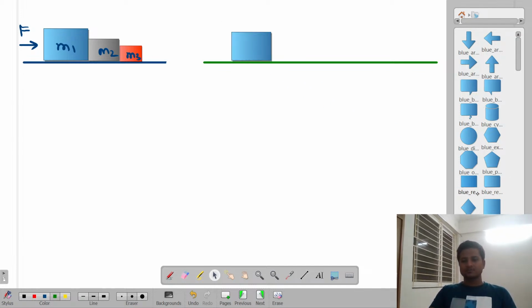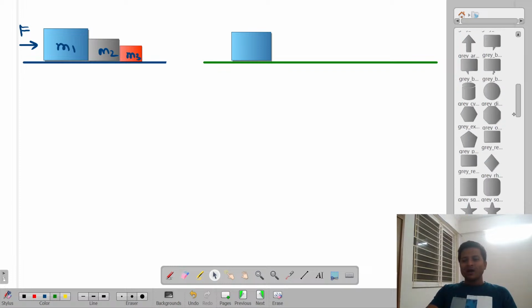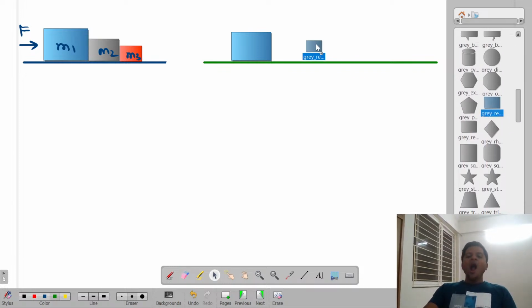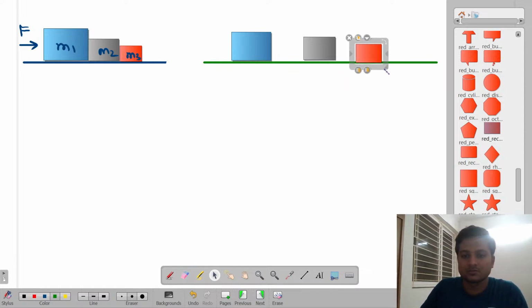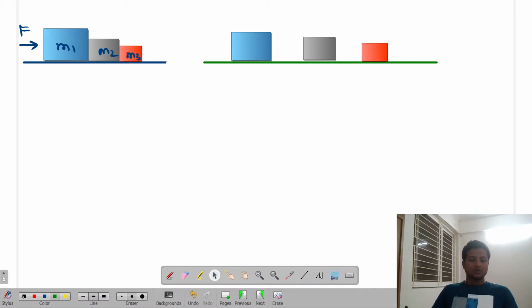Tell me, what will happen? Separate it first. The first task is to separate the blocks. First separate the blocks, then after that, so this is M1, M2, and M3.